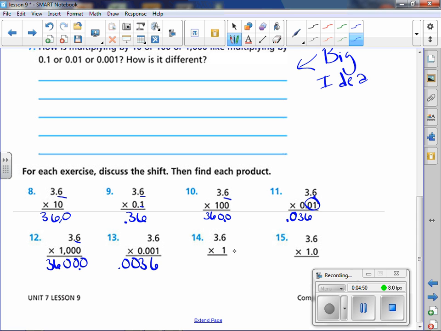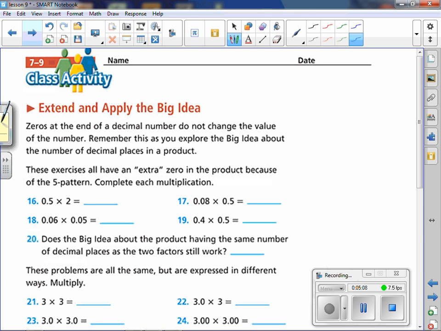Okay, 1 times anything is that same number, so you should know that rule and just go with that. This is the same rule, 1 times anything is that number. If you need to add that 0 at the end just to understand that placeholder of digits behind decimals, go for it.